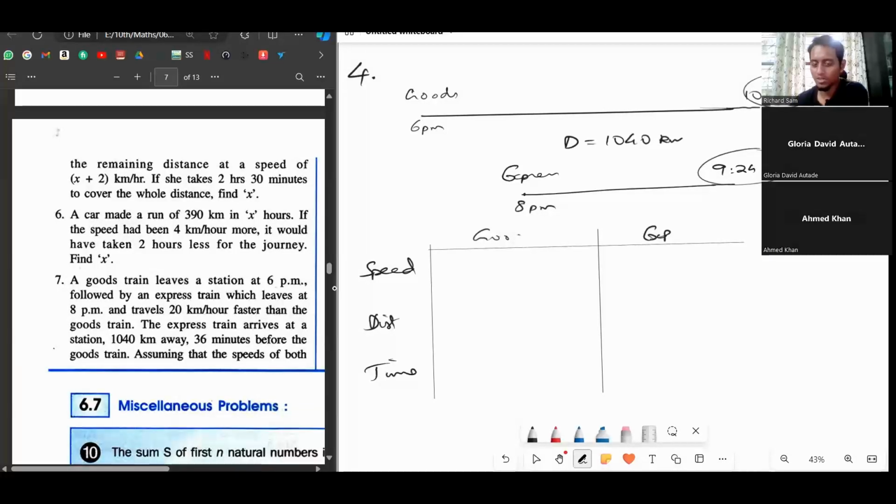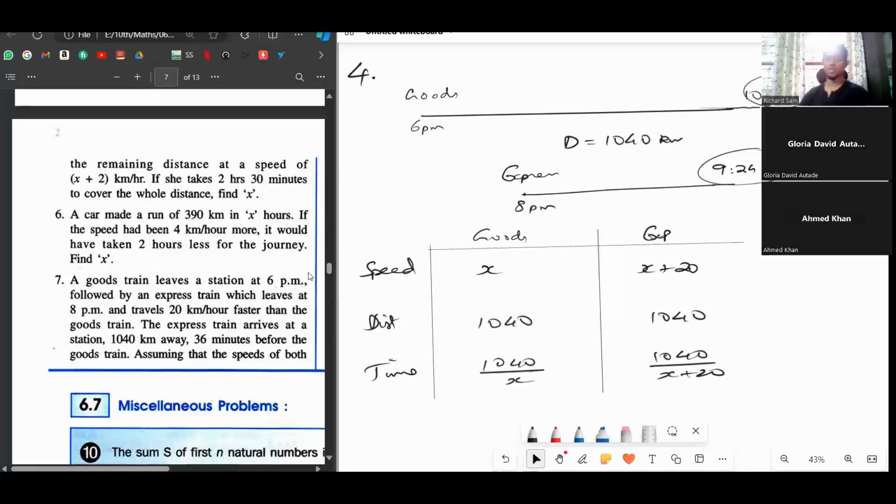So tell me, what is the goods train speed? x. And the express train? x plus 20. What's the distance? 1040. Here also it is 1040. Now time. Obviously time is distance upon speed, which means here it is 1040 divided by x, and here it is 1040 divided by x plus 20.